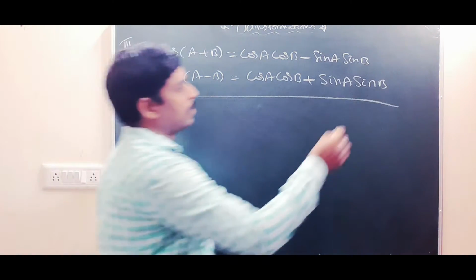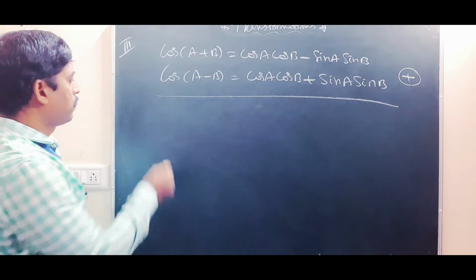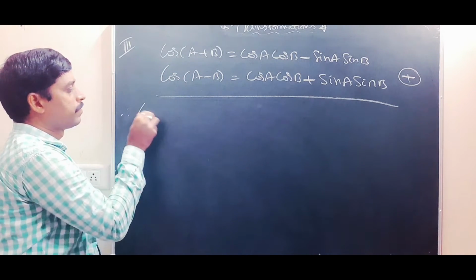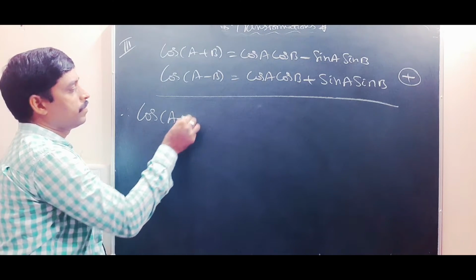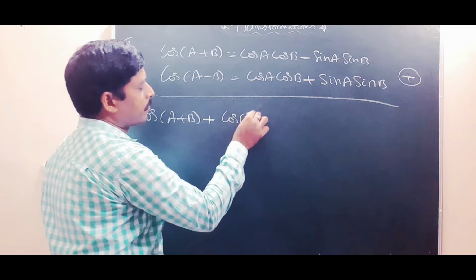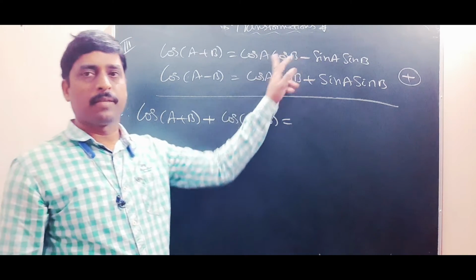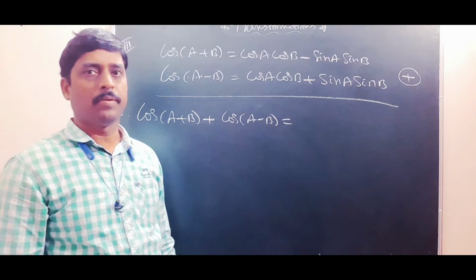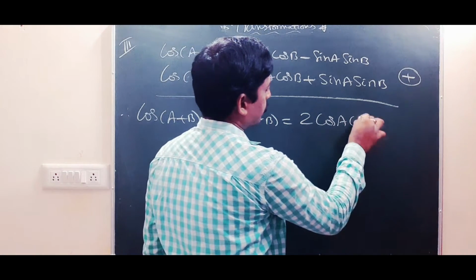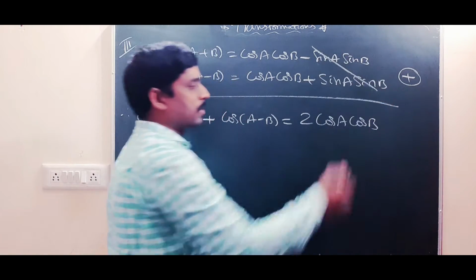In the first case, let us add these two equations. What we get? Cos(A+B) + cos(A-B) is going to be cos A cos B + cos A cos B, 2 cos A cos B. Minus sin A sin B plus sin A sin B gets cancelled.